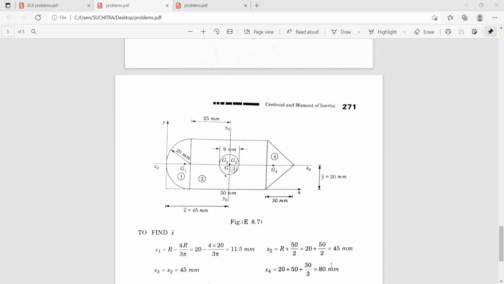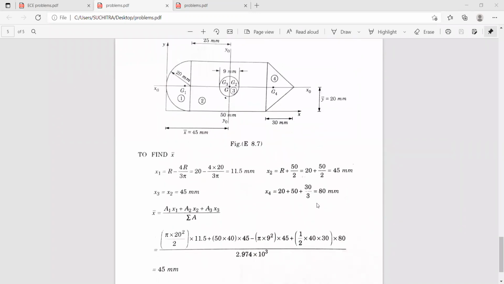Since the figure is symmetrical about the x-axis, directly you got the value of y bar, and we want to find the value of x bar. Now x bar, this is the basic equation, a1 x1 plus a2 x2 minus a3 x3 plus a4 x4 divided by sigma a, that is a1 plus a2 minus a3 plus a4, because you have to take out the area of this circle.